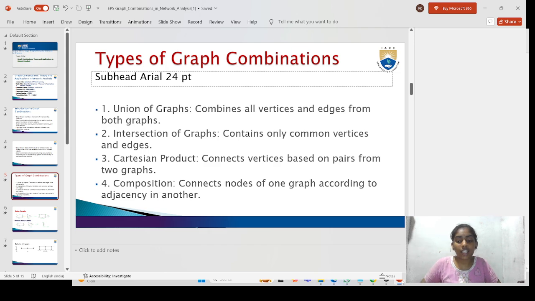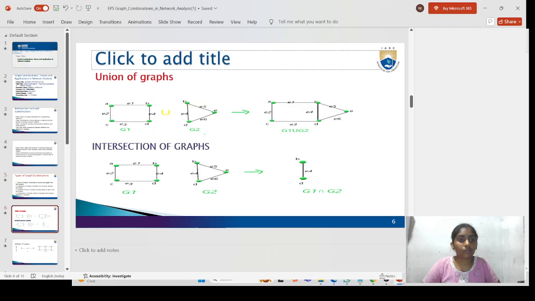Now let us see the examples for this. Here we have union of graphs. Here we took G1 graph with vertices A, B, D, C with four edges E1, E2, E3, E4, combining with G2 graph with vertices B, E, D and edges E4, E5, E6.